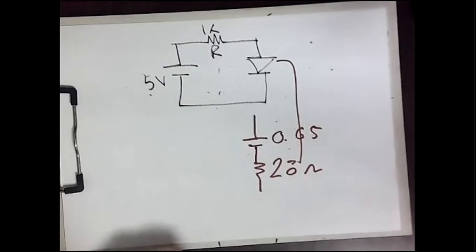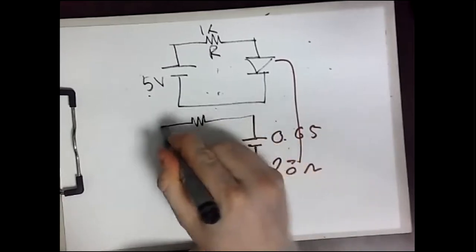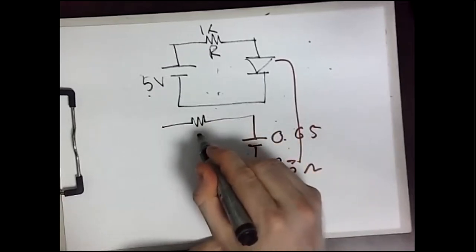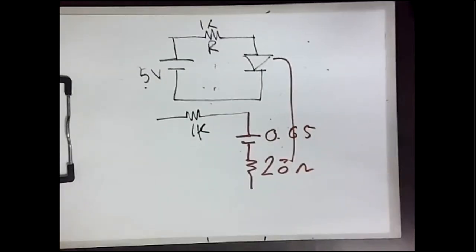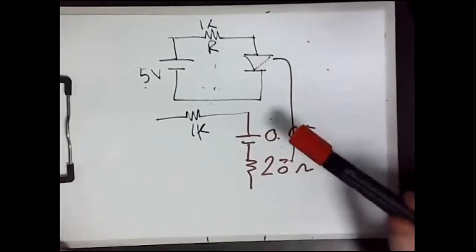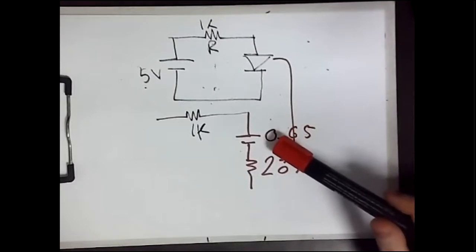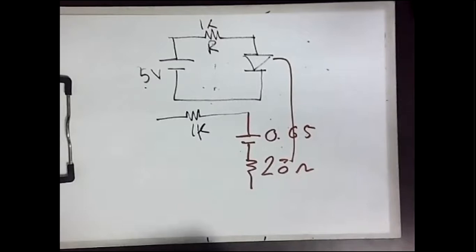Then you have your R1K. So now we can replace this diode with a built-in potential battery and resistance, and then we can complete the circuit.